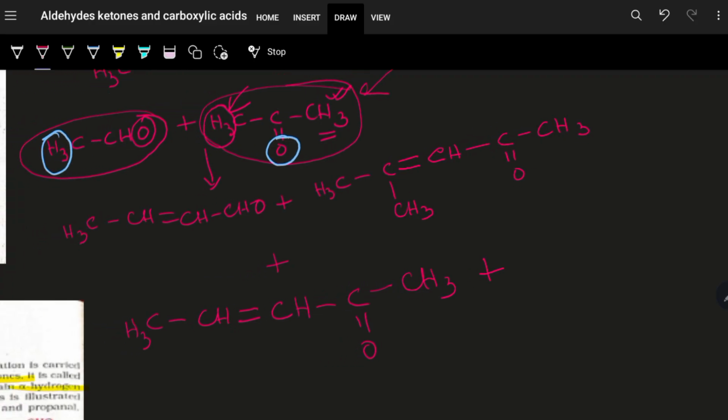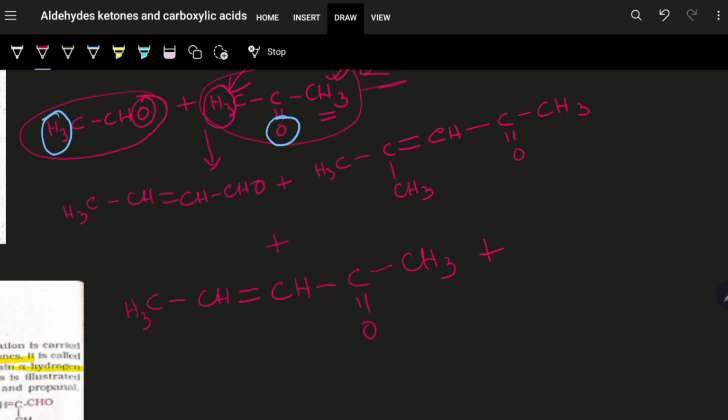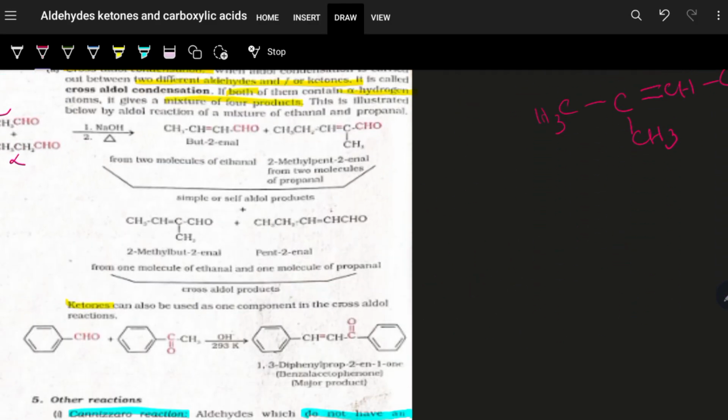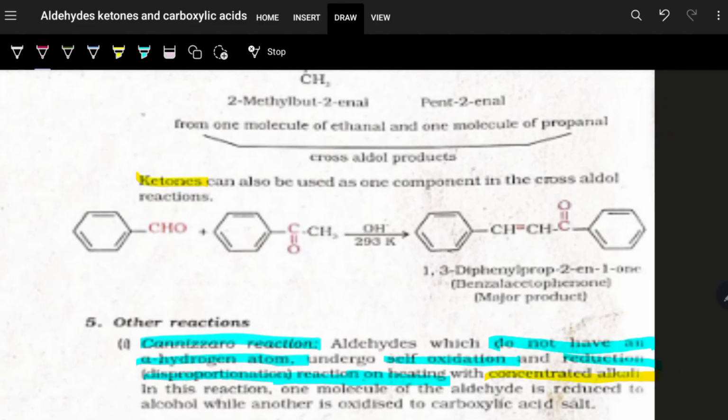And you will get, I'm drawing this structure first, CH3, C, CH3. I have removed oxygen, so double bond, and I will combine with this, CH and a CHO. So please see, I have got 4 compounds, 4 sets of products in cross aldol. Now over here, in this example you can see, this is having no alpha H.